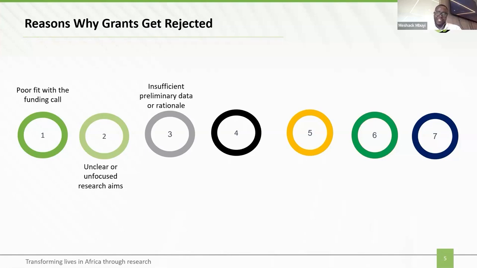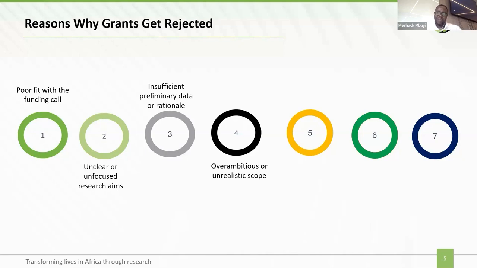Insufficient preliminary data or rationale. Most of the time, you will find yourself in a situation where you need to respond to a grant and submit, but you do not have preliminary data. And that is a reason why your research grant may not be funded. Another is overambitious or unrealistic scope.